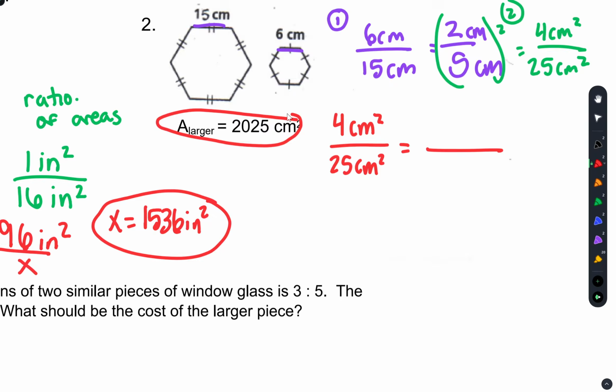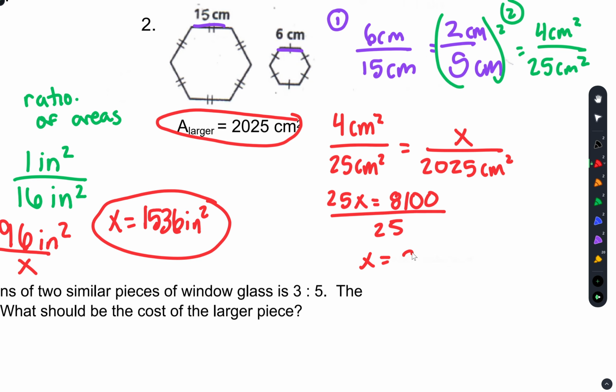It's the larger shape, so obviously we want to put it down in the bottom with the larger piece. Everybody cool with that proportion? I'm going to cross multiply: 25x equals 4 times 2,025, which is 8,100. I'm going to divide by 25 and get that x equals 324 centimeters squared.